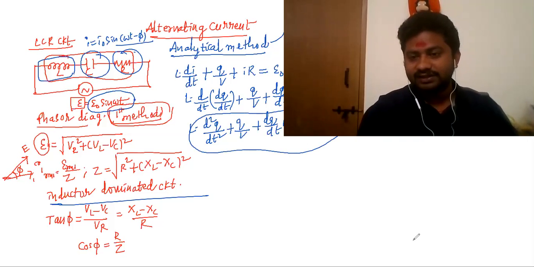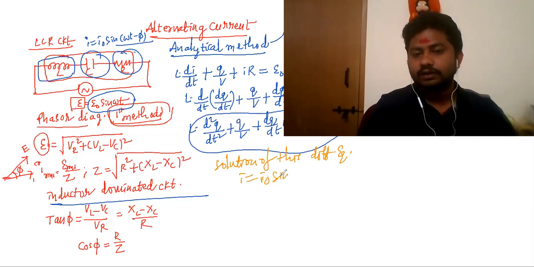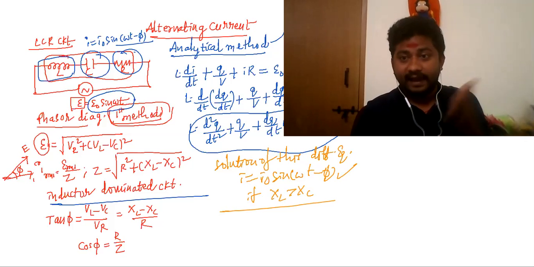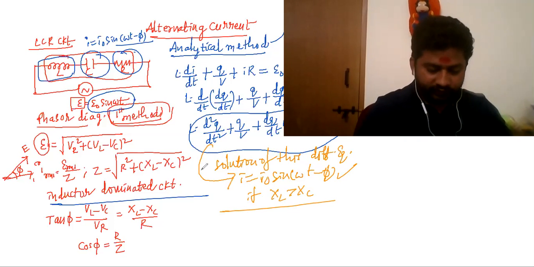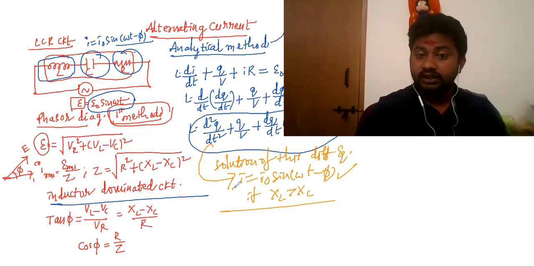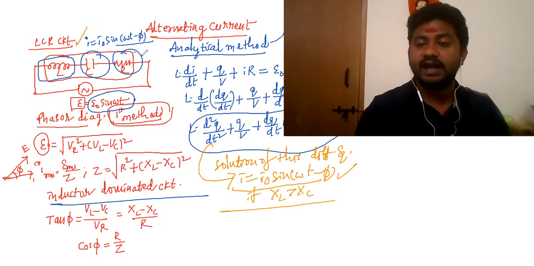If you solve this differential equation, we get I is equal to I naught sine omega t minus phi if XL is greater than XC. Each differential equation has its own solution. So when you derive I is equal to I naught sine omega t minus phi, it is the same equation as from the phasor diagram concept.